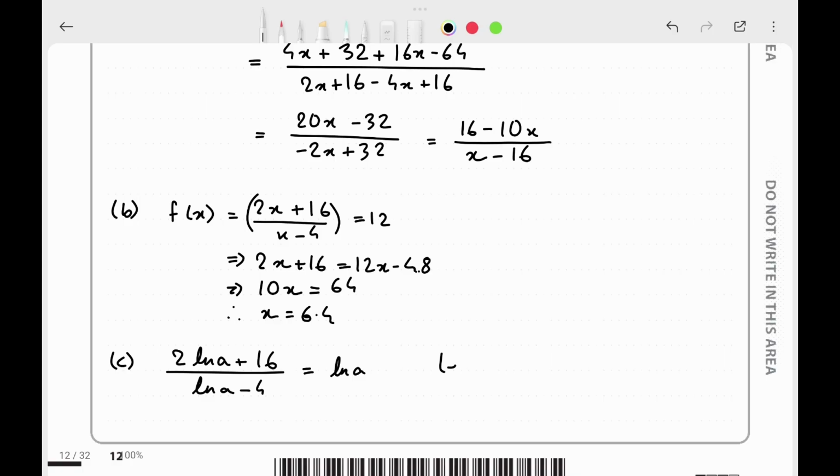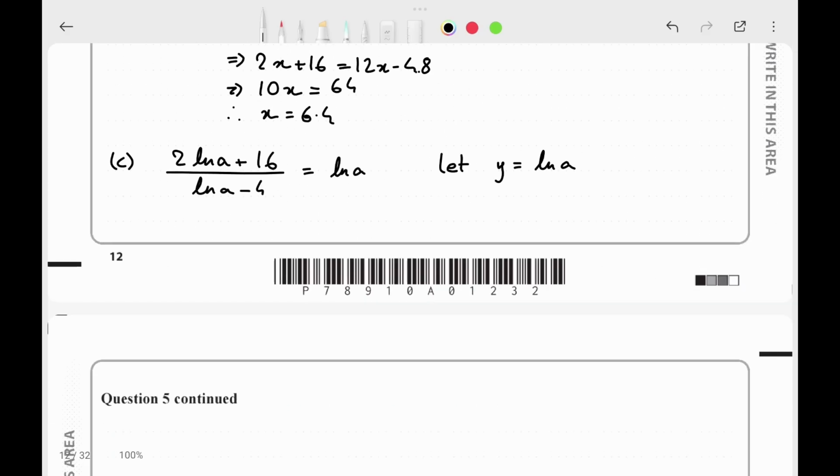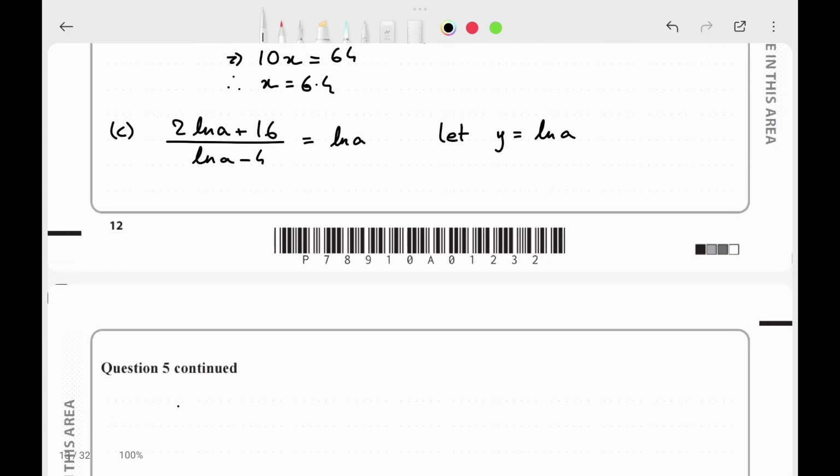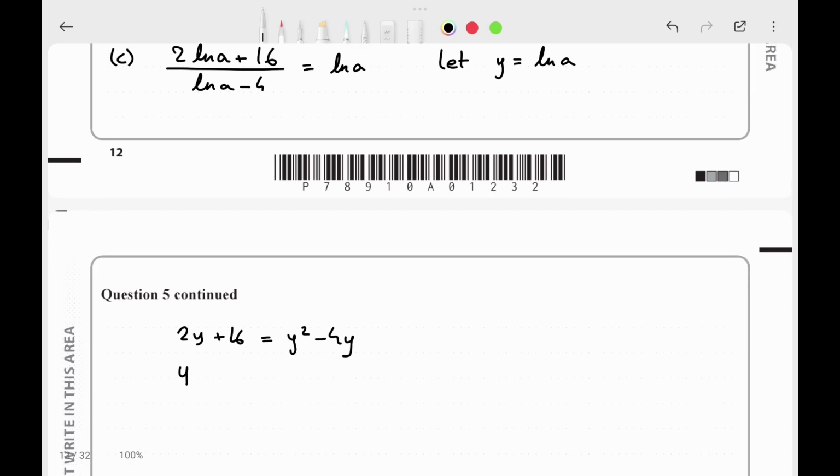We can assume that y is equal to ln a to make it simpler.